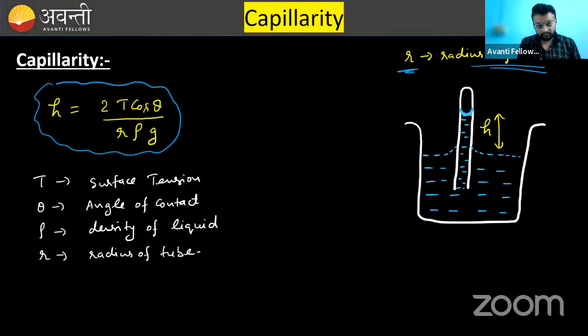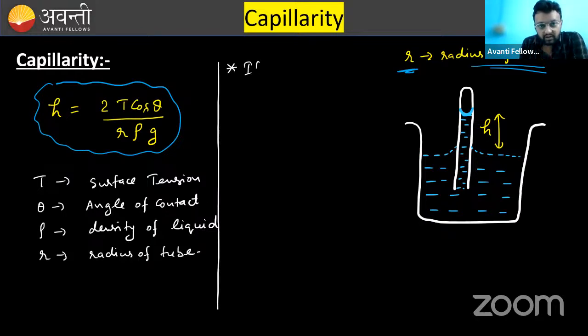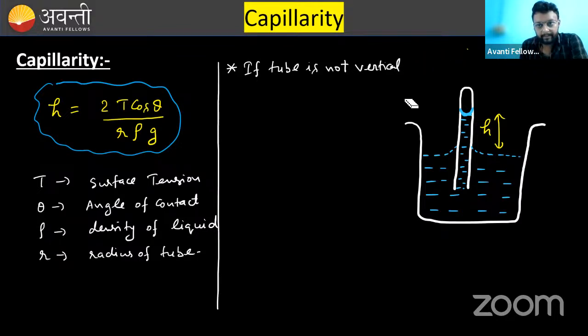So I will describe it here. What is the situation if the tube is not vertical? Okay. What will happen in this situation?